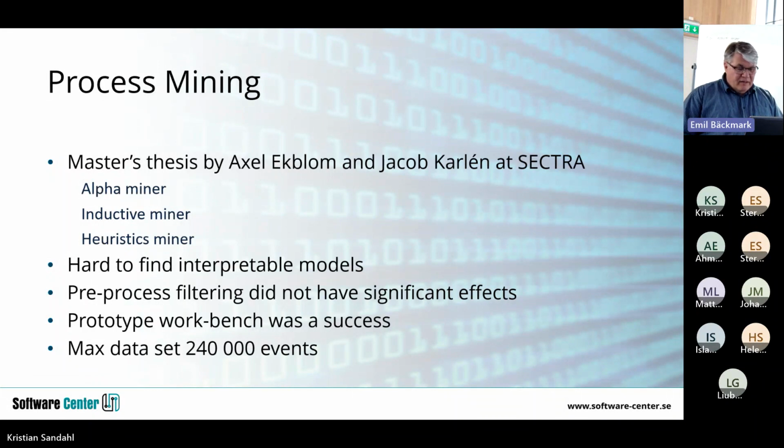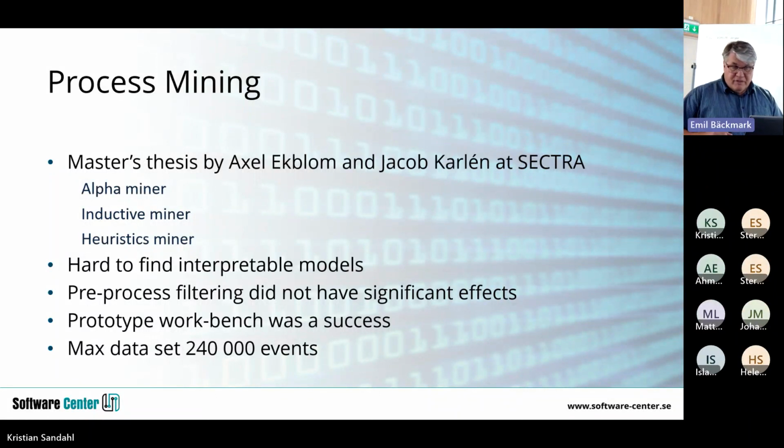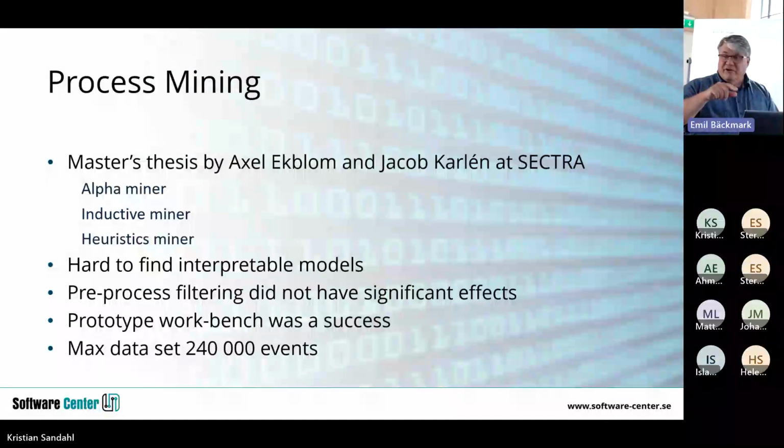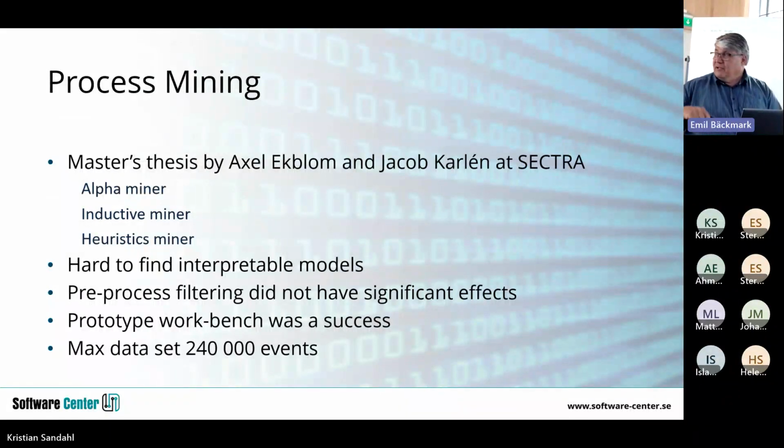However, they made a little prototype workbench based on one of these notebooks, where the users themselves, the user interface people, could select different analysis methods and select different parameters.